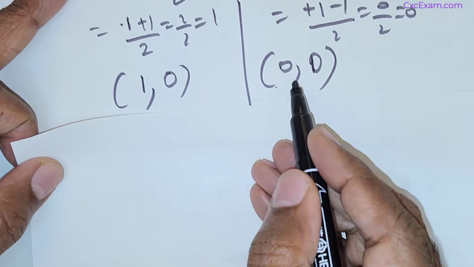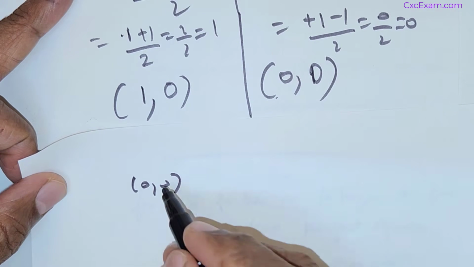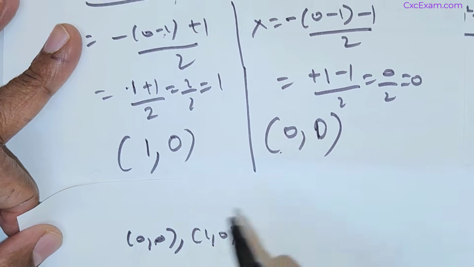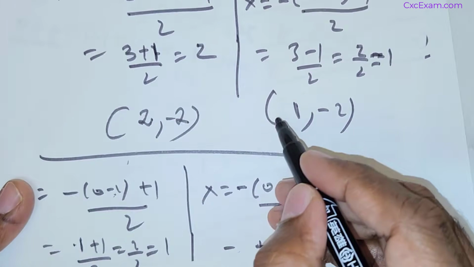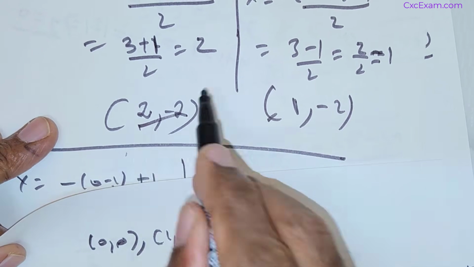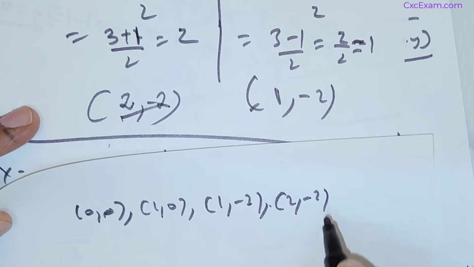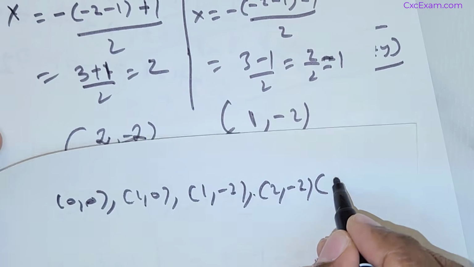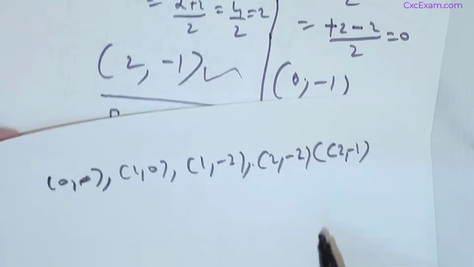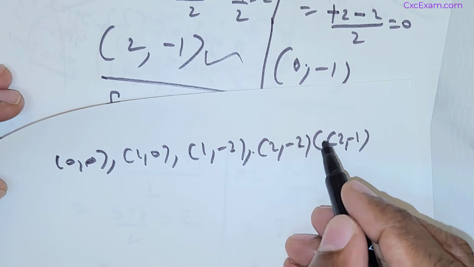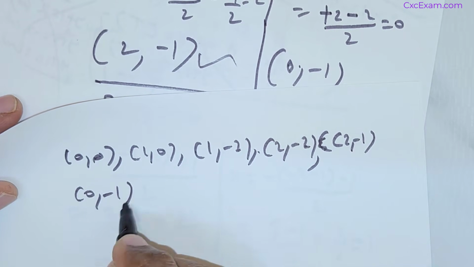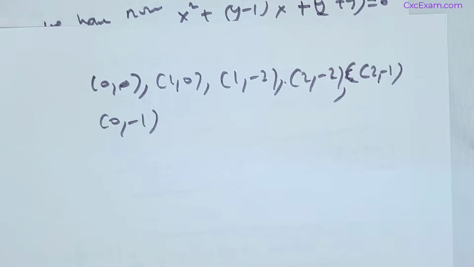So let me write the first one, 0, 0, and then you have 1, 0, and then I will write this one, 1, minus 2, and then 2, minus 2, and then 2, minus 1, this one. Okay, and you have 0, minus 1. So these are the list of solutions.